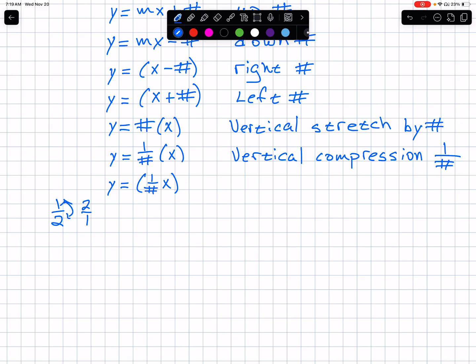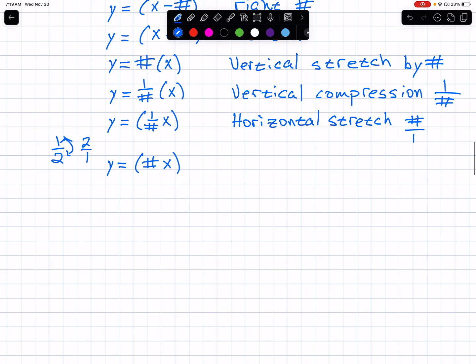So it's going to be a horizontal stretch because when we flip that fraction, it's going to become a whole number. Because it's a whole number, that's what makes it a stretch. And it's going to be a stretch by whatever that number is over 1. If we have y equals a whole number within the parentheses times x, again, we're looking over here.